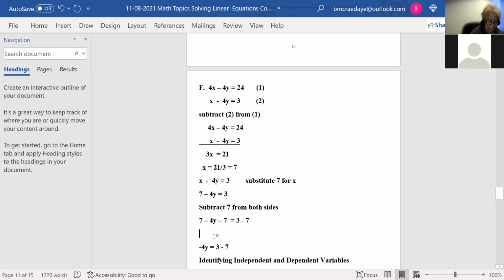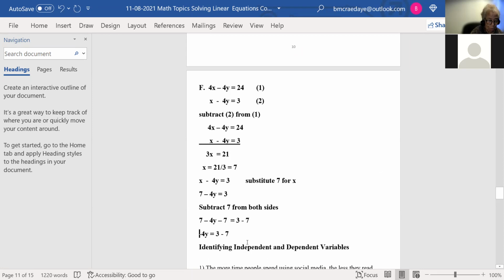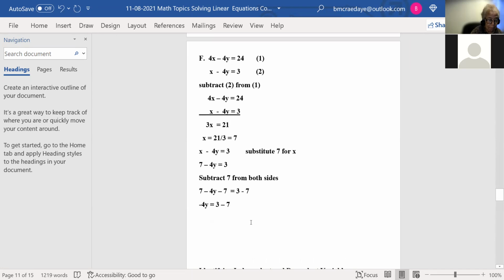So what's 3 minus 7, Maureen? Plus or minus? 3 minus 7 is minus 4. A plus and a minus gives you a minus because you have more minus than plus, right? So that would be minus 4. So what's y equal to?